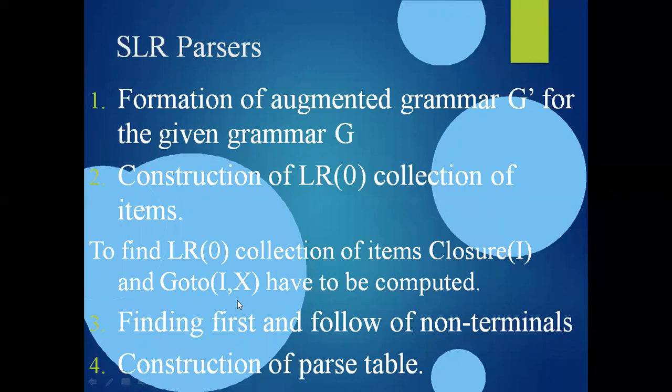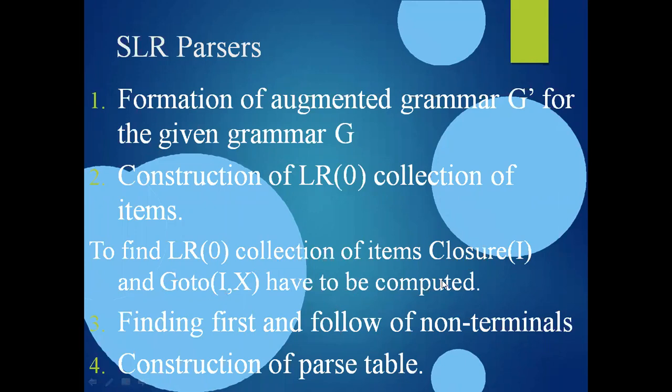Once recall the LL parsing technique, there we compute the first and follow function. From the output table of the first and follow function, we represent the parsing table, right? And here also the main role is in closure of I and goto function. These are the 2 functions that we need to compute here.